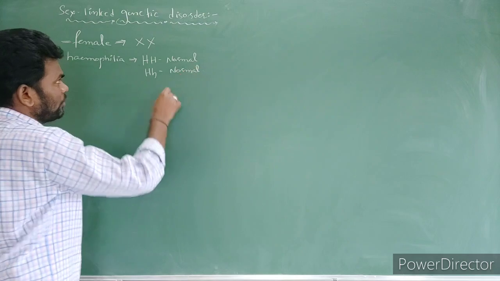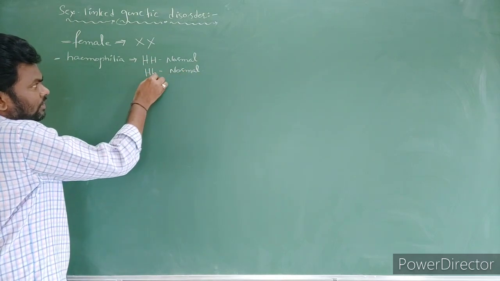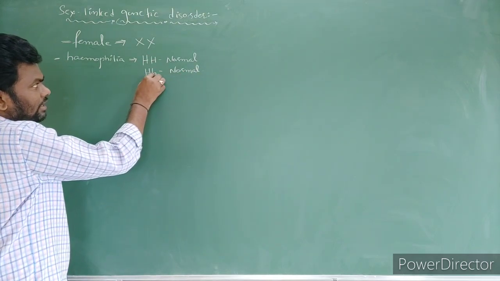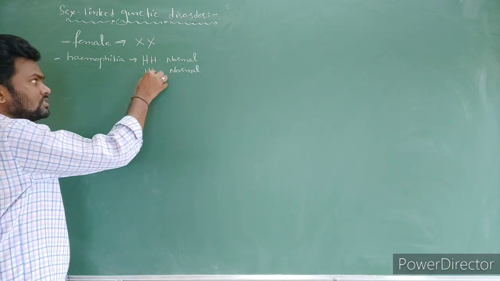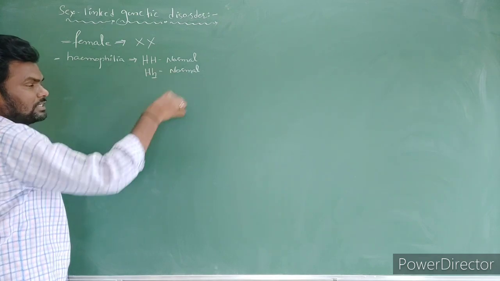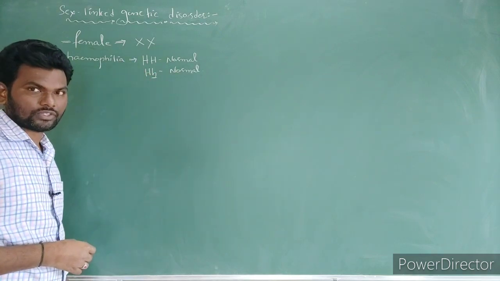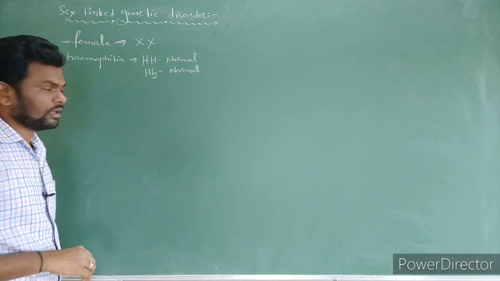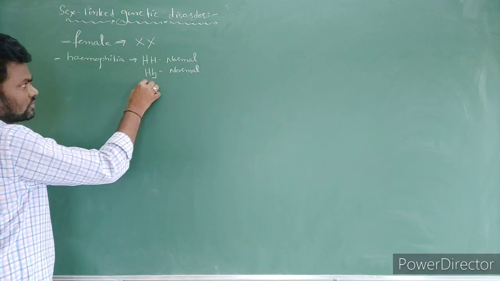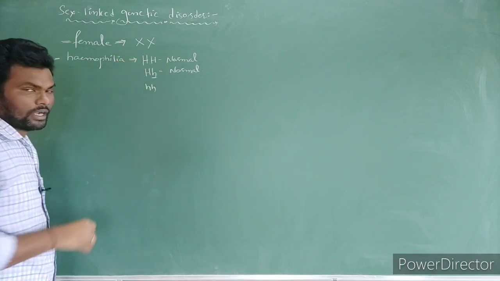It is also normal. It means this gene is already mutated, but such an effect is not produced in that generation. Why? Because it is present beside the capital H, dominant and recessive. And when it is expressed, this is recessive in condition.